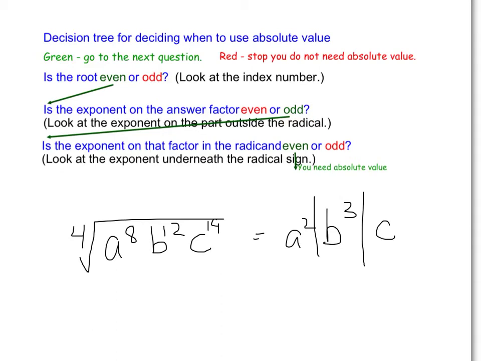So c to, oops, that's not a good example. Let me go back and change this to 21. Then this will be c to the 5th. You'd think that that would need an absolute value, but it doesn't because we also are going to have one left inside. And so we'll talk more about this last part tomorrow.